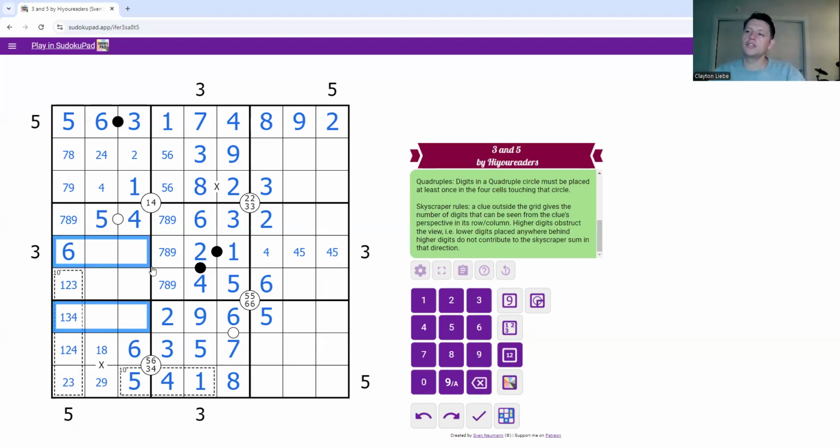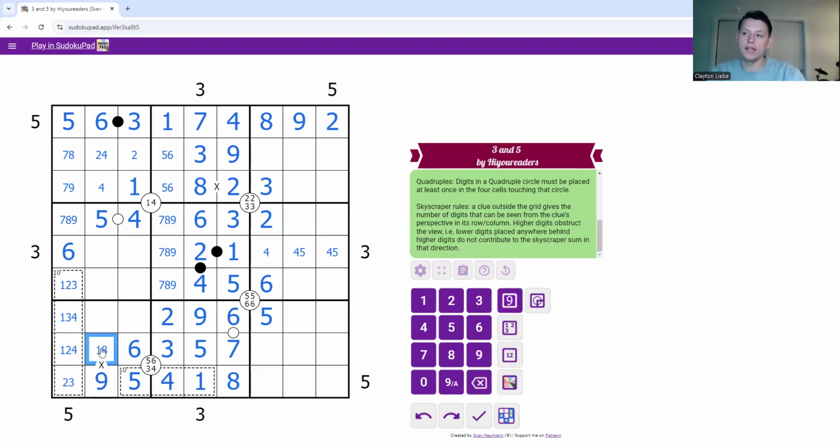Well, better question is where do we put a 9 in this box now? Not in the top row, not in here. And yeah, just one spot.